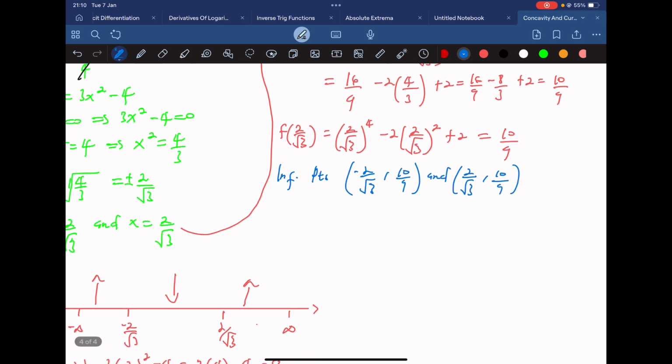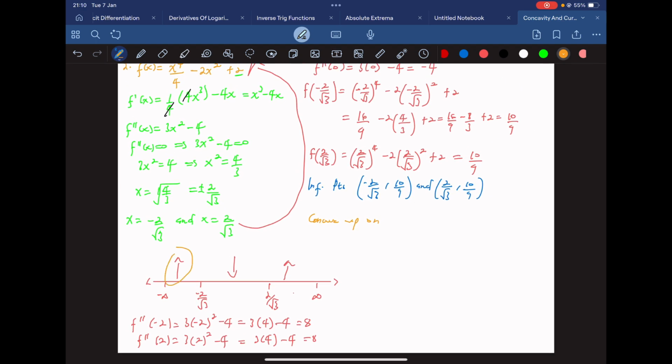Now, we can see that it is concave up, looking at this, here and here. So from negative infinity to negative 2 over root 3, and then from 2 over root 3 to infinity. Then it's concave down on negative 2 out of root 3 to 2 out of root 3.